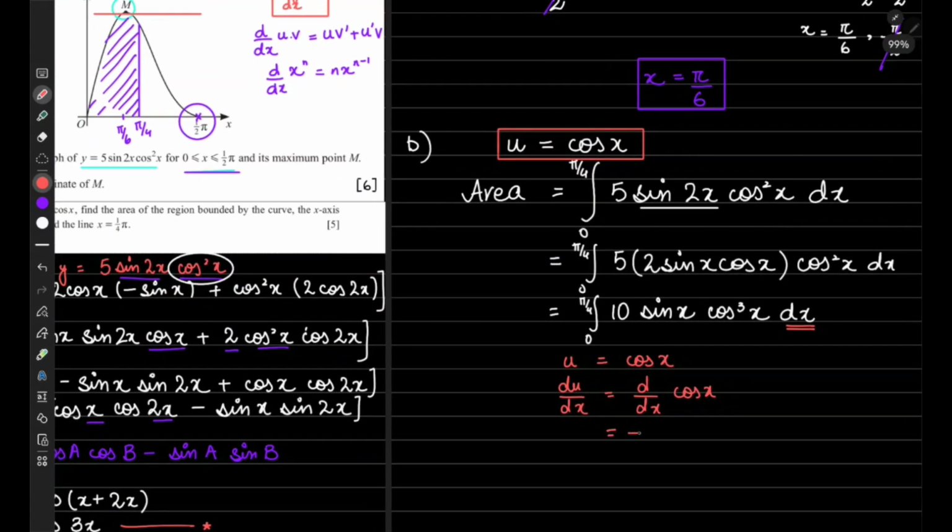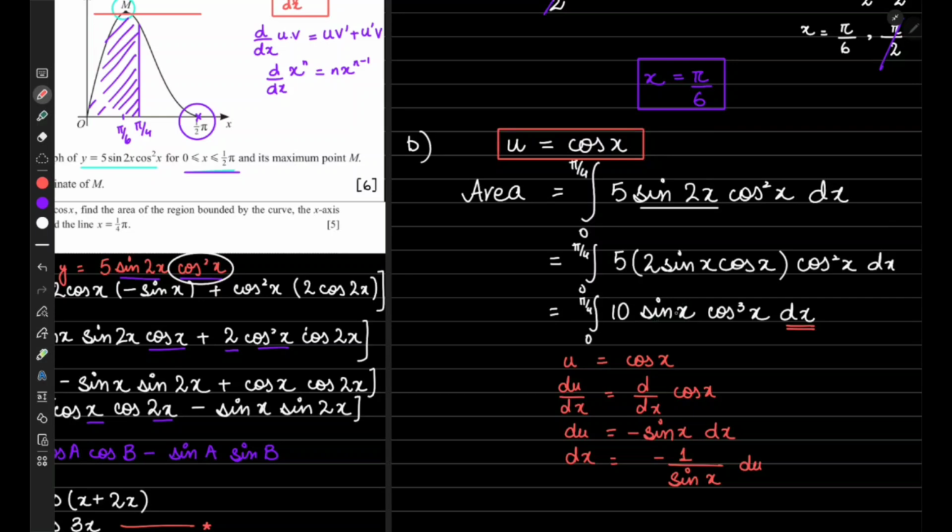The derivative of cos x is minus sine x. Actually we need dx to be substituted, so rearranging it, dx will be equal to minus 1 over sine x du. That is your dx.